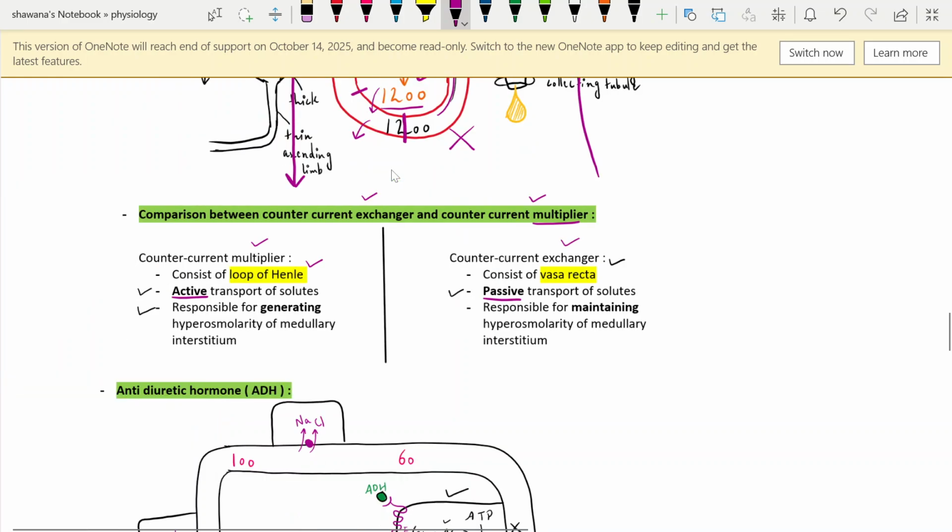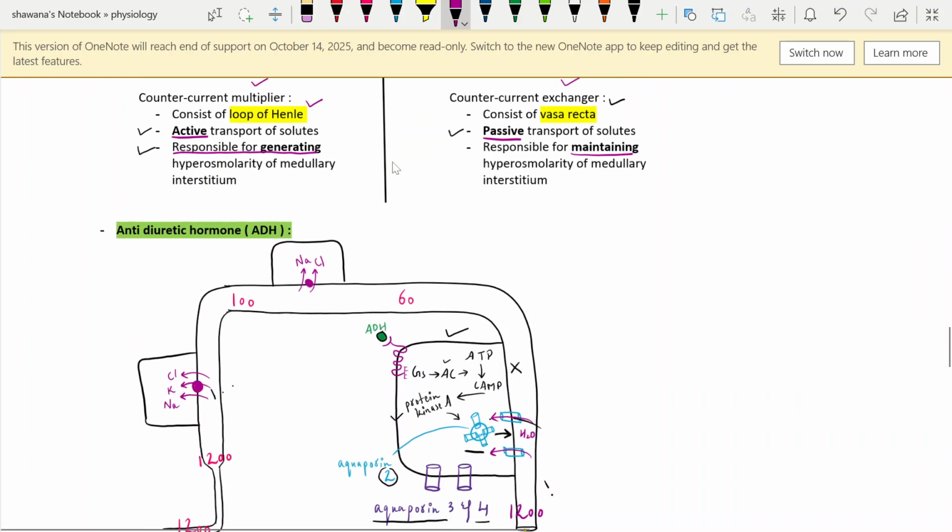In terms of function, countercurrent multipliers have the responsibility for generating the medullary hyperosmolarity, but countercurrent exchangers are responsible mainly for maintaining the medullary hyperosmolarity, and we have discussed it in detail.